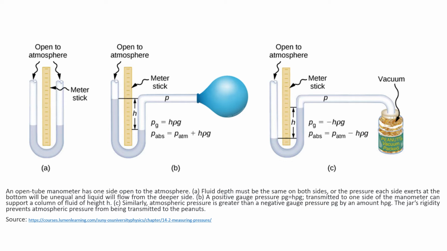A positive gauge pressure, that is Pg equal to h rho g, is transmitted to one side of the manometer which can support a column of fluid of height h. Similarly, in figure C, the atmospheric pressure is greater than a negative gauge pressure Pg by an amount h rho g. The jar's rigidity prevents the atmospheric pressure from being transmitted to the P nuts.